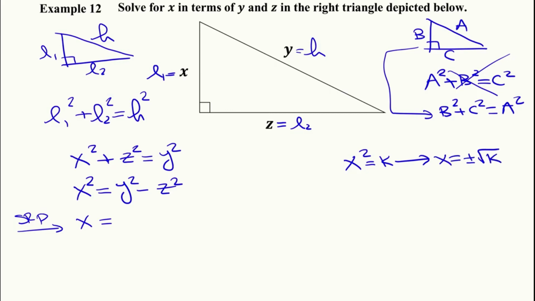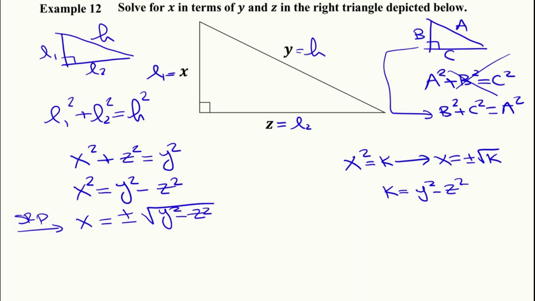Here x is actually playing the role of x, but k is being played by y squared minus z squared. So we get plus or minus square root of y squared minus z squared.